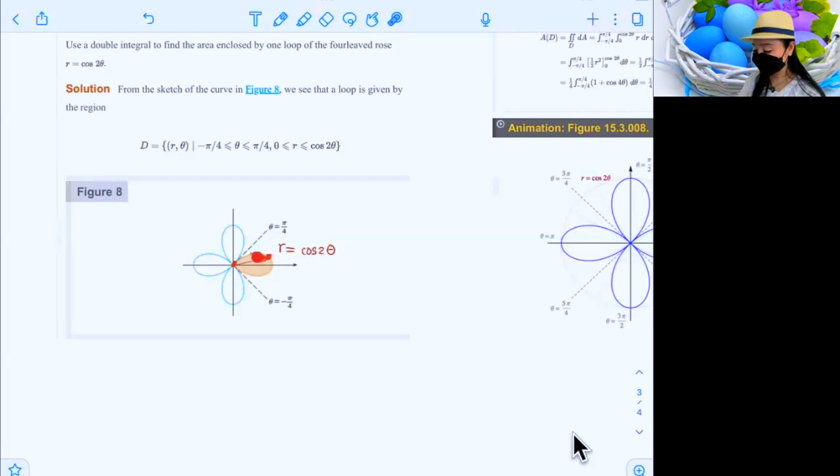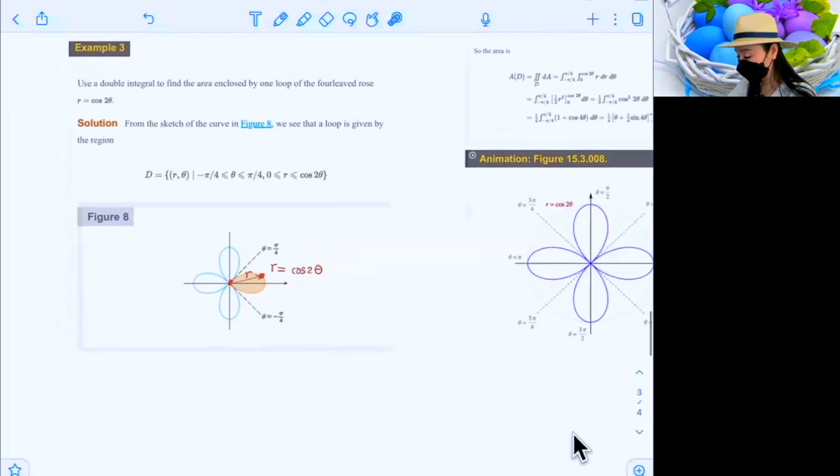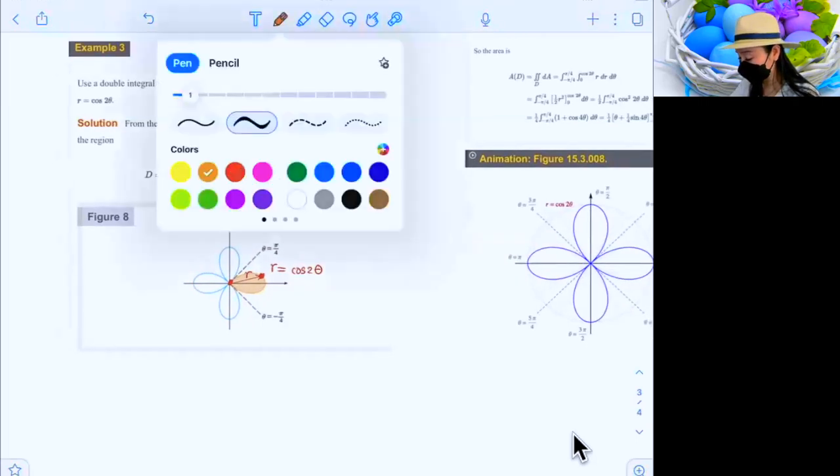In 3D, you have this petal, but elevated by 1. Because the height is 1, the value of that solid is going to be equal to the base area.